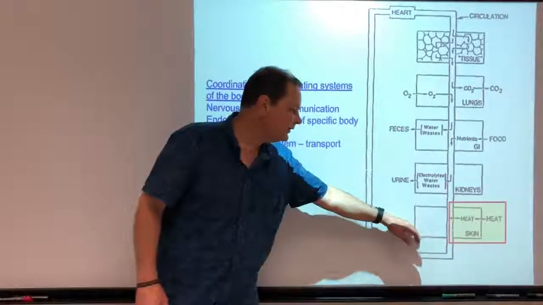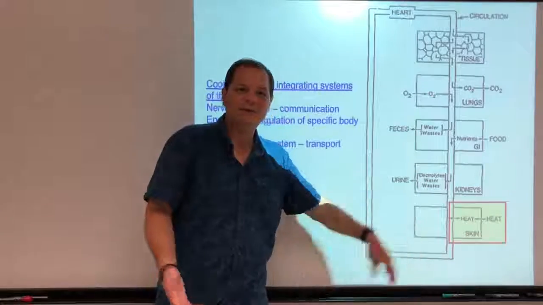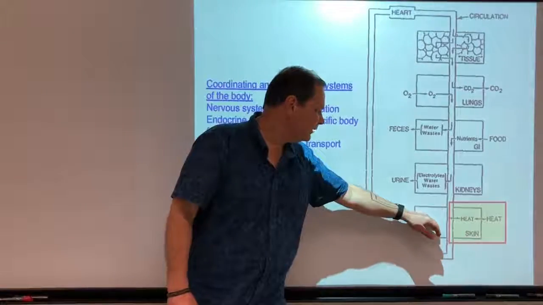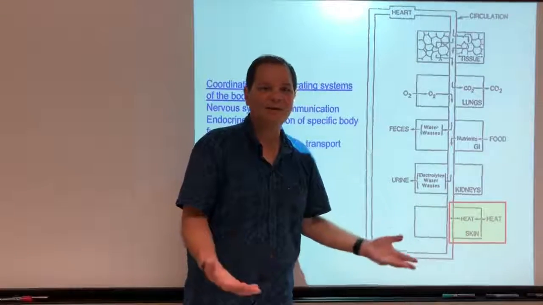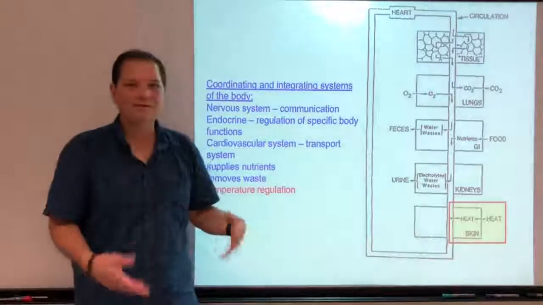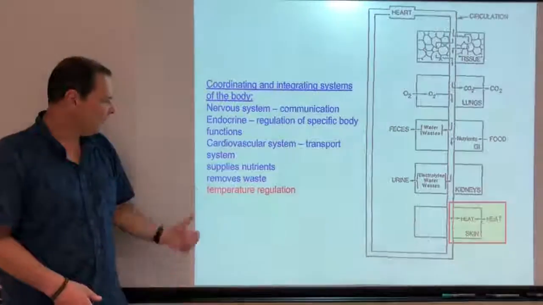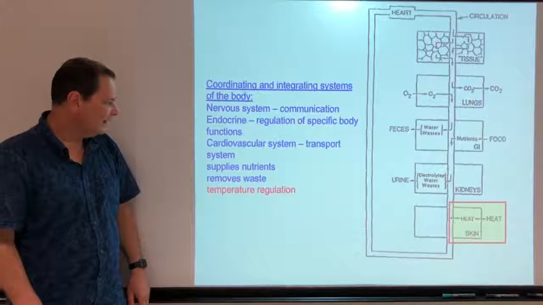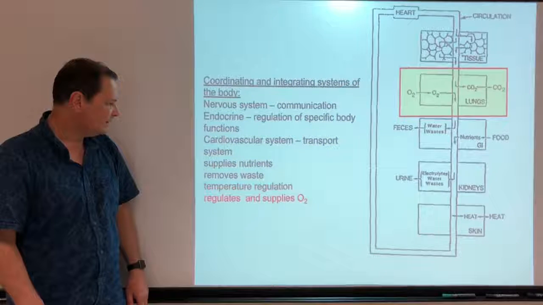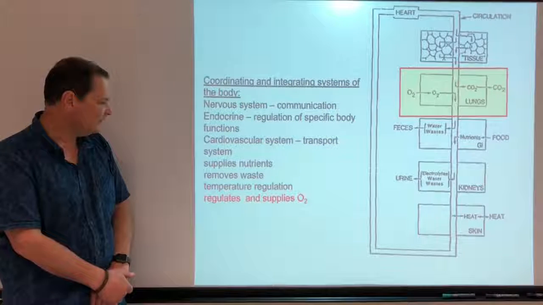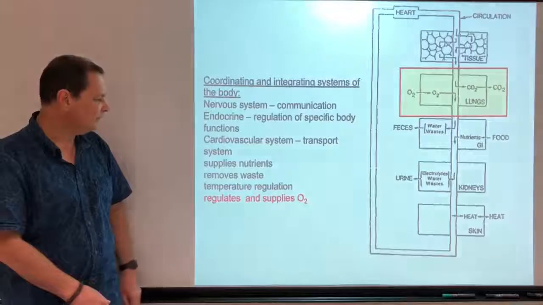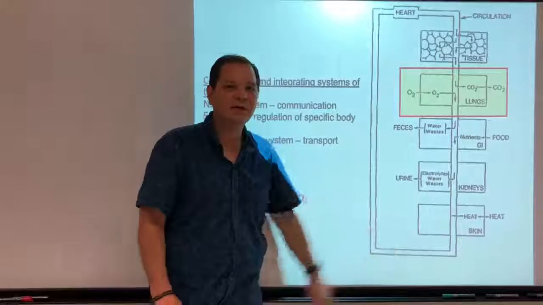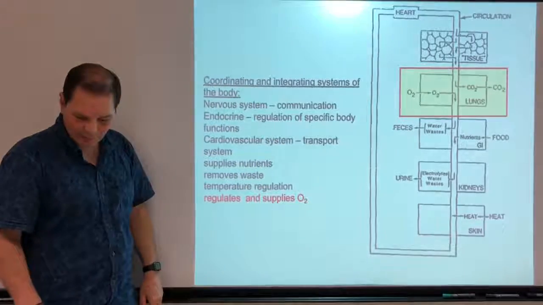You send more blood to your skin when you want to get rid of heat because blood carries heat. If you carry it to the skin, it can be radiated into the environment, and you will lose more heat the more blood you send there. And of course, it supplies oxygen to all the tissues. That oxygen is picked up in the lungs and the pulmonary circulation and distributed pretty much everywhere else.